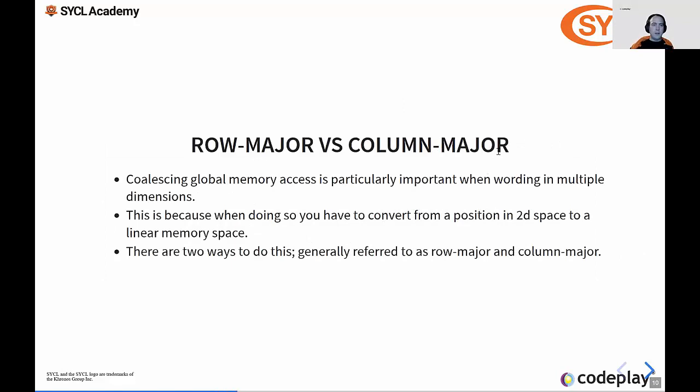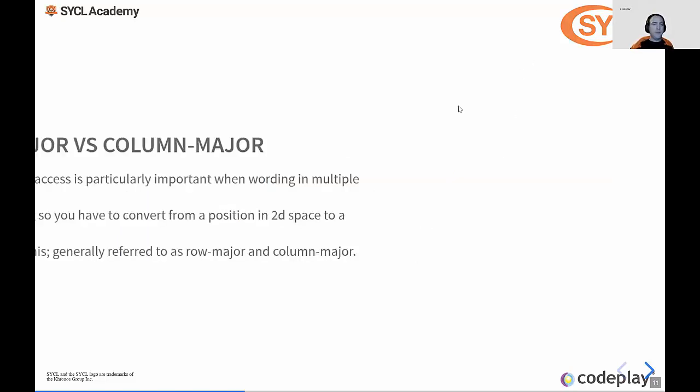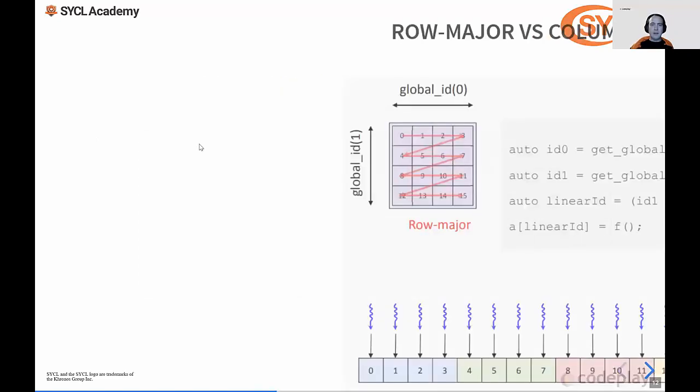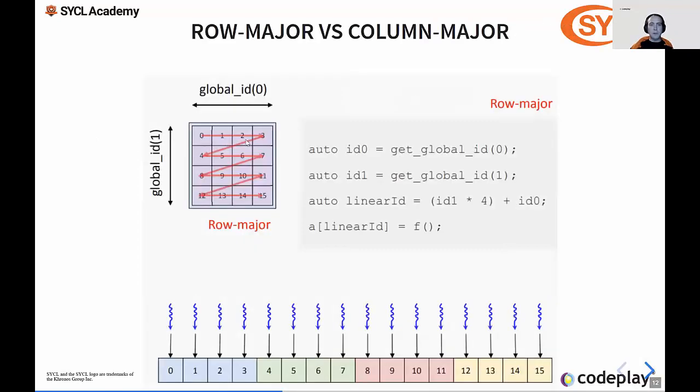This is especially important when you have data in multiple dimensions, because you need to convert from a 2D space to a linear memory space. There are 2 main ways. I suppose there are others as well, but the main ones are row major and column major. For row major, the memory is laid out like this: 0, 1, 2, 3, and then 4, 5, 6, 7.